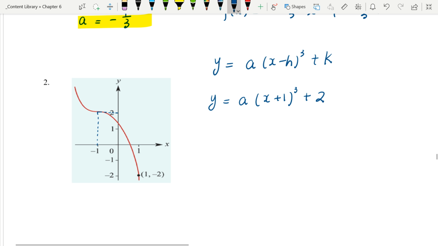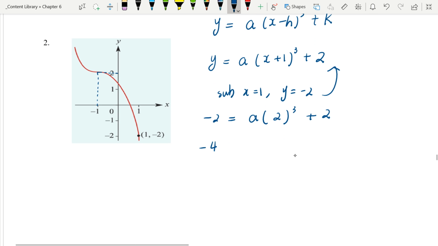So we substitute x equals 1, y equals negative 2 into that equation, and we have negative 4 equals 8a, so a equals negative a half.